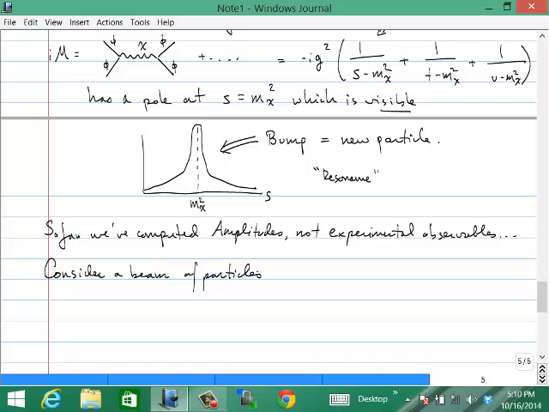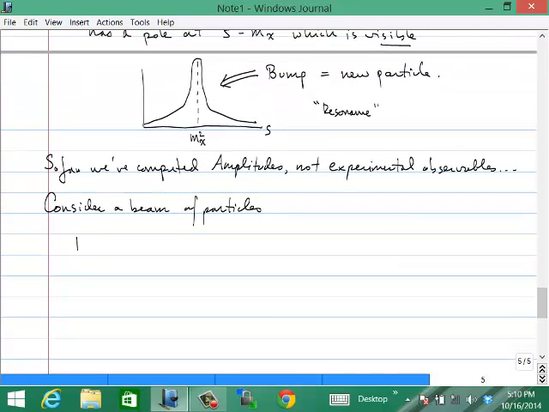Typically, the way that you would parameterize this beam is by talking about the flux of particles. The flux of particles, usually denoted phi, is the number of particles per unit volume in the beam times the velocity of the particles.